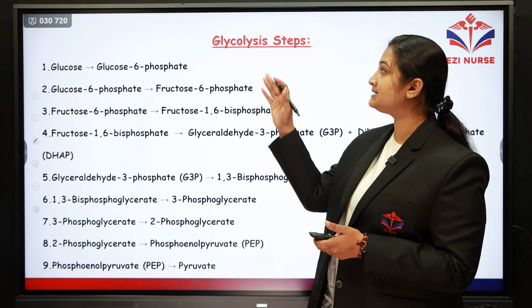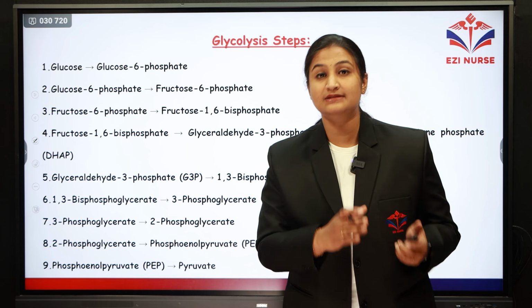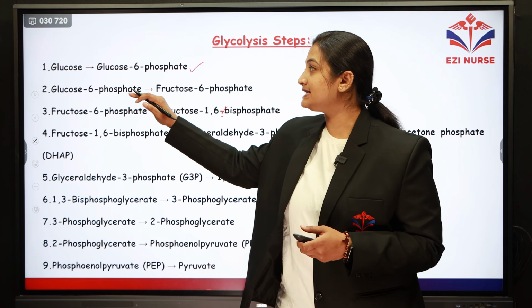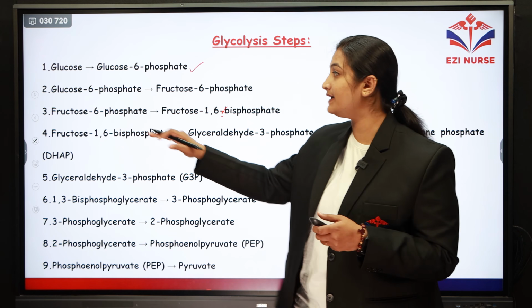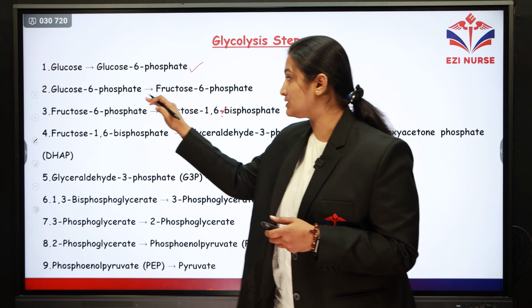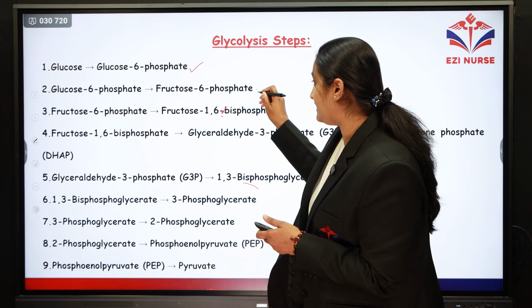Then, in the simple way, what are the steps in glycolysis? In the first step, glucose is converted into glucose 6-phosphate. Then glucose 6-phosphate is converted into fructose 6-phosphate.